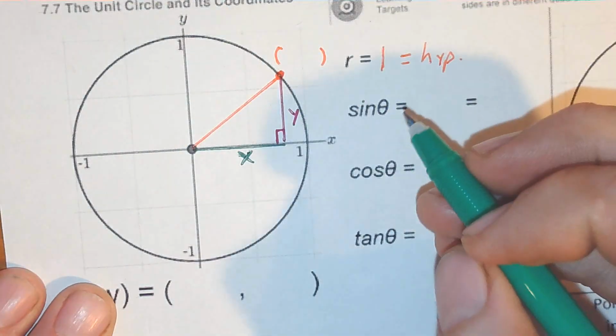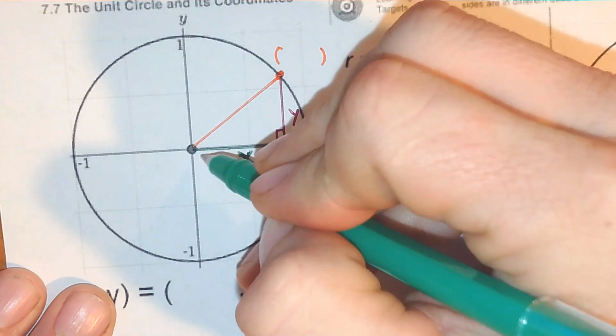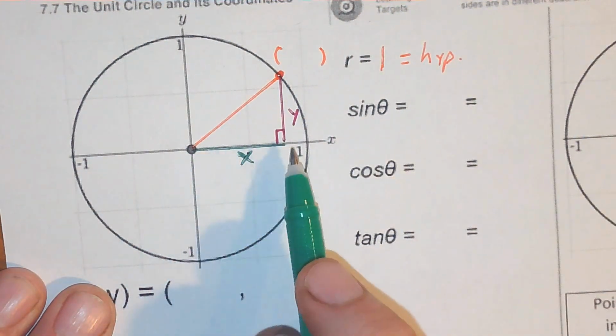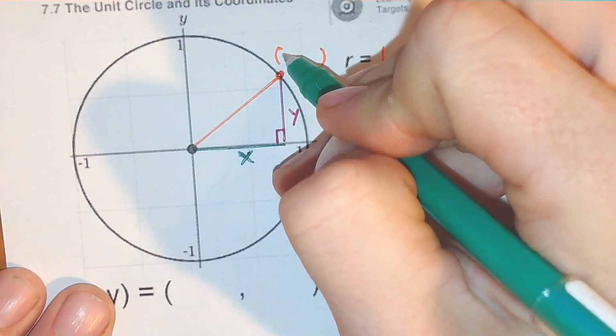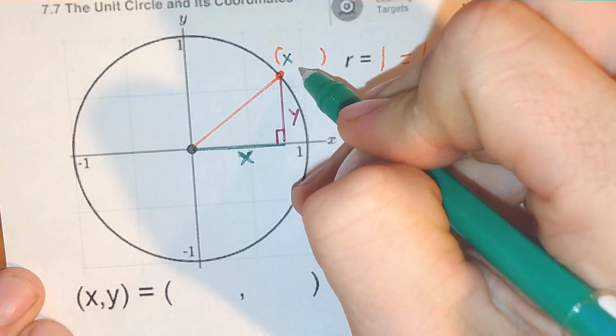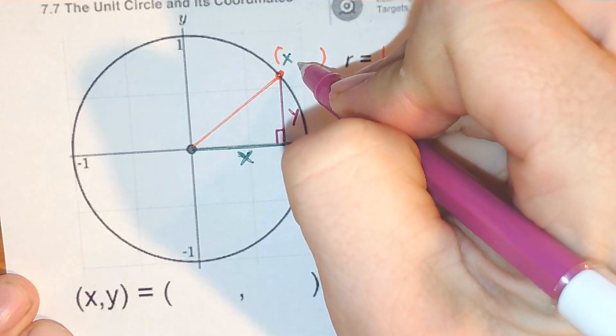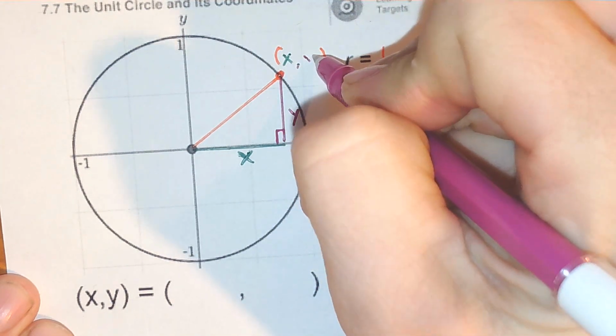The coordinate point would be my x value, the distance in x from the origin, and my y value would be the distance in y.